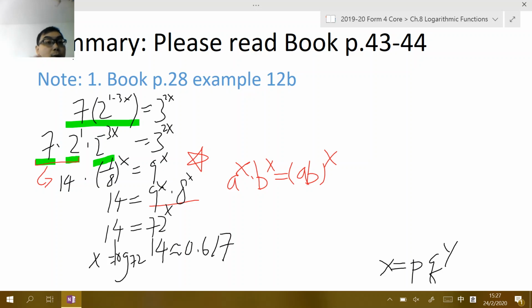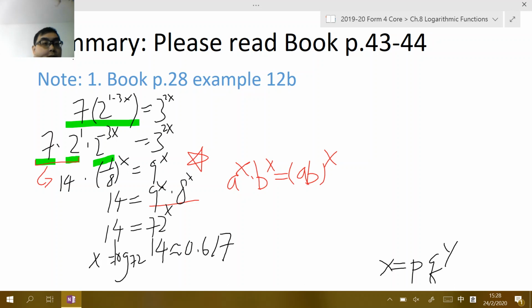Because 7 and 2 to the power something are multiplying each other, applying the index laws, I can write them separately and still multiply one by one. For example, 7 first. And then for 2 to the power 1 minus 3x, I can also separate the index as a product: 2 to the power 1 and 2 to the power negative 3x.